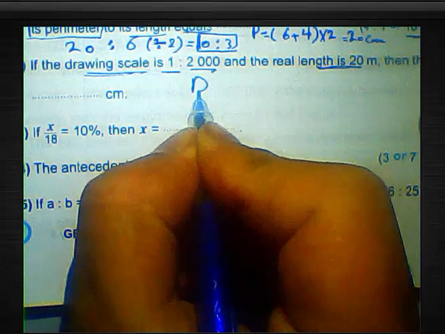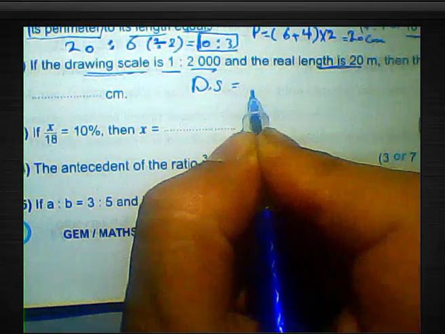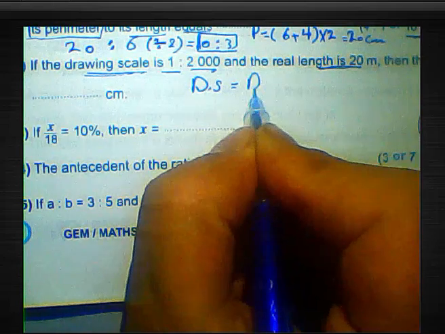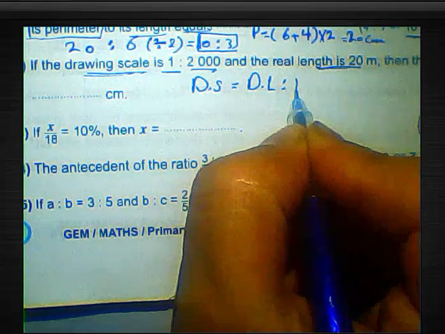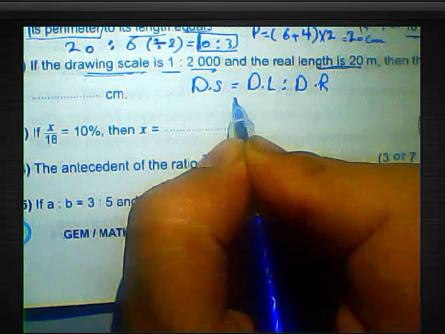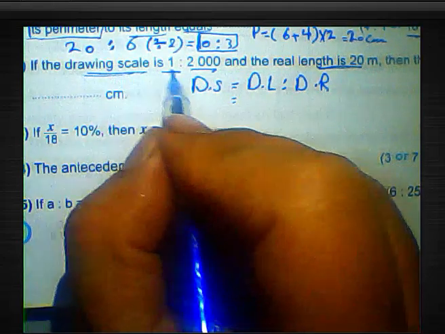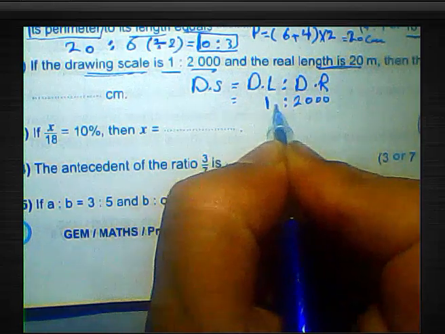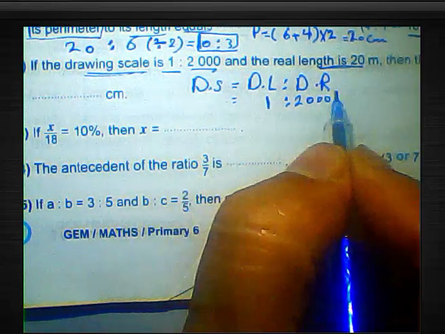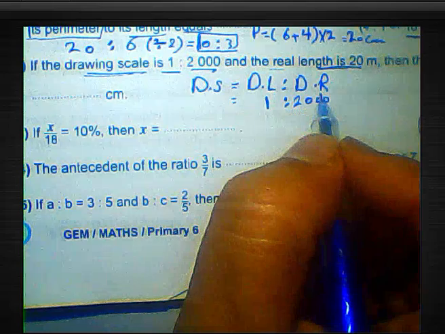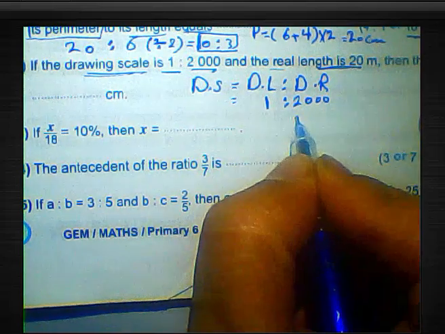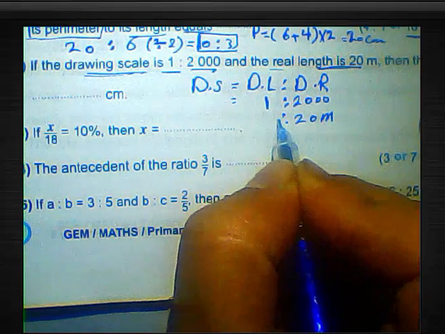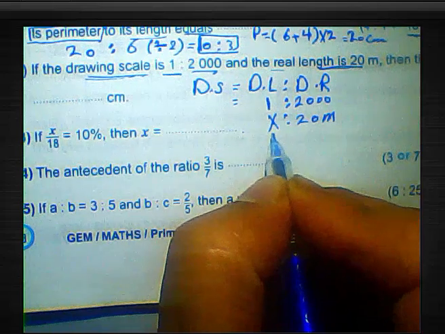We know the drawing scale equals the ratio between drawing length and real length. He gave us the drawing scale, 1 to 2000, and the real length, 20 meters. We want to find the drawing length here.